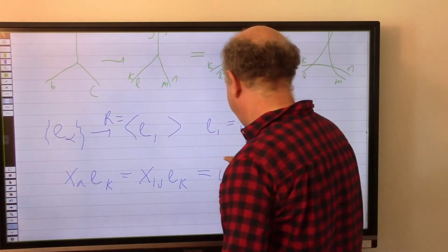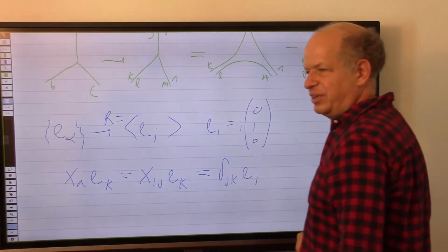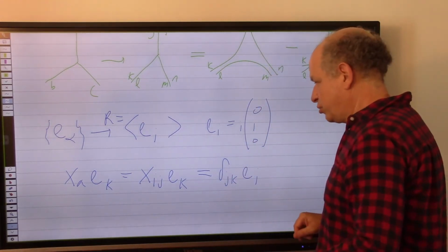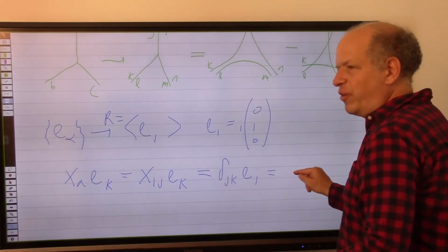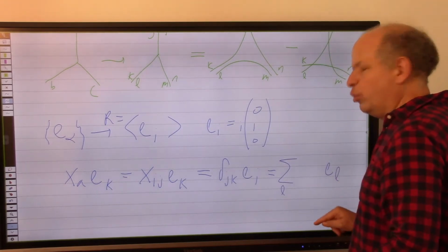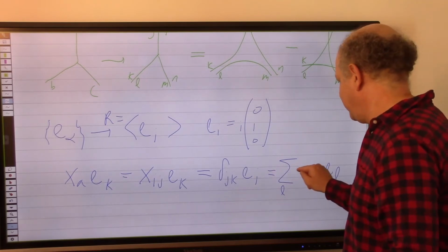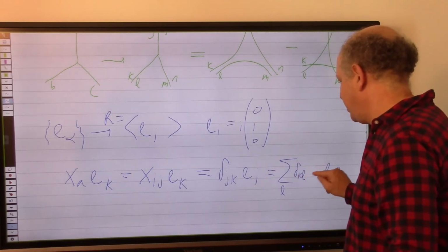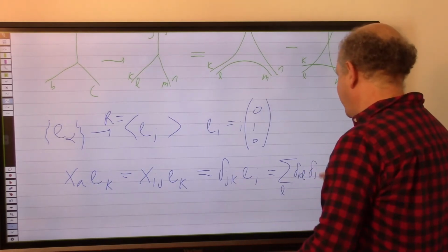So this is delta JK EI, which amounts to saying that I want to write this as a sum over L of EL multiplied by something. But this just means that the sum here is delta KL delta IL.